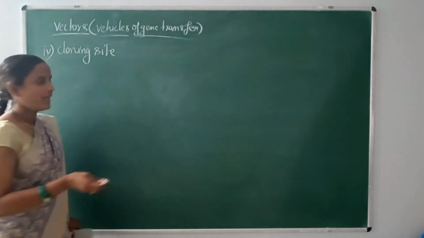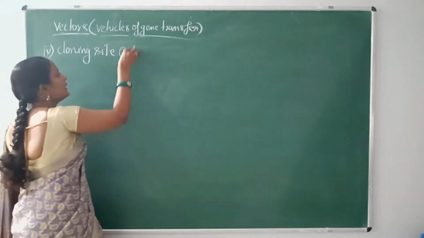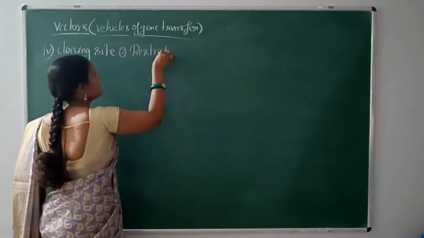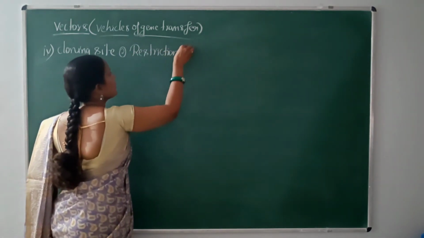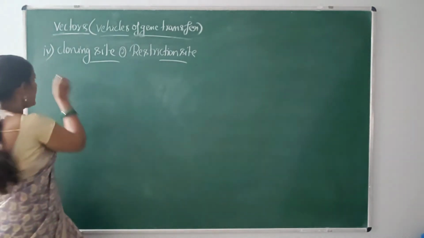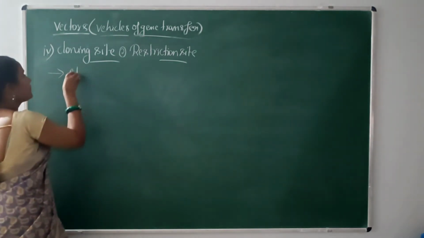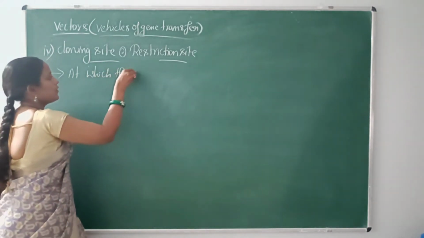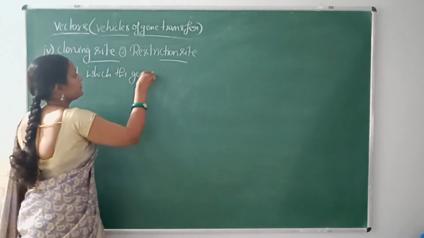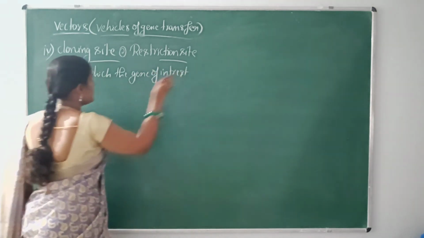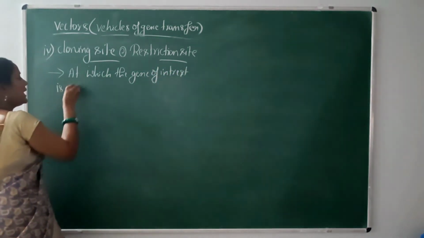The cloning sites are commonly called restriction sites, at which the gene of interest is ligated.